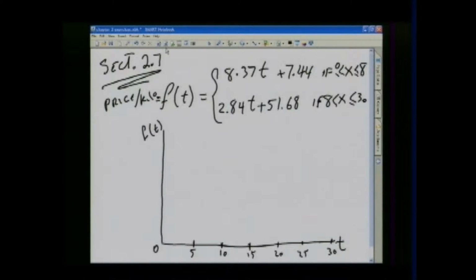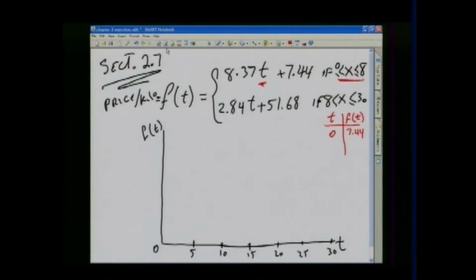For the first part, between t of 0 and 8, I use the first function. I'll make a little table here with t and f of t. When t is 0, in the first function, f of t would be equal to 7.44. So that's like the y-intercept.